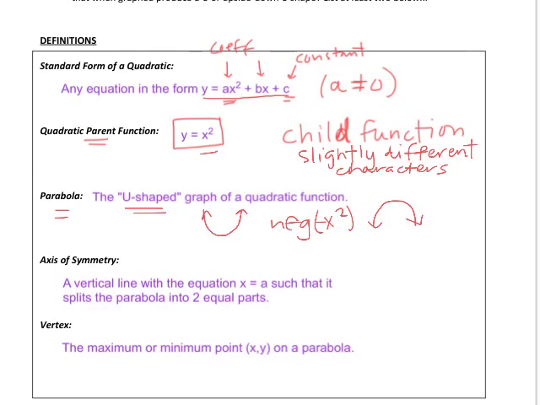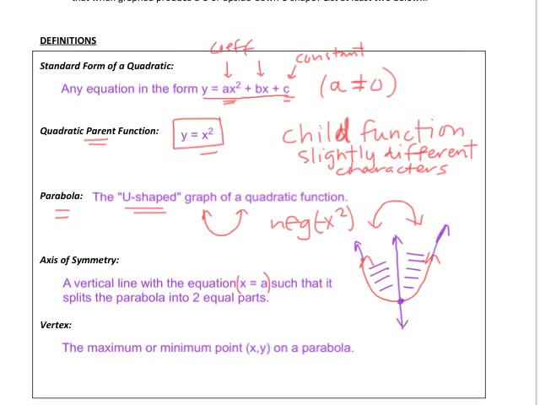It's a vertical line with the equation x equals a, such that it splits the parabola into two equal parts. So again, it's going to be the line that runs through the vertex, and it's going to be what splits the parabola into two kind of equal parts, although it's kind of an infinite thing here. It goes on and on and on, so it can't be exactly equal, but it divides it down the middle there.